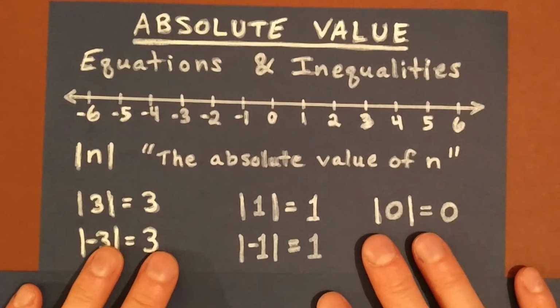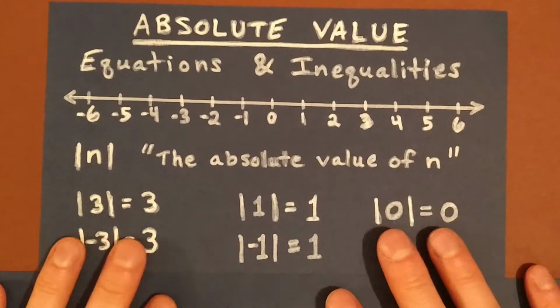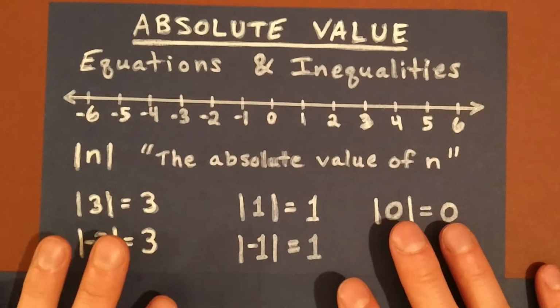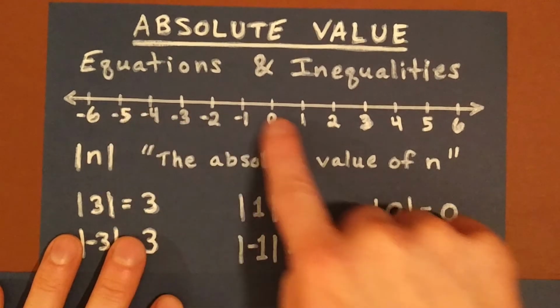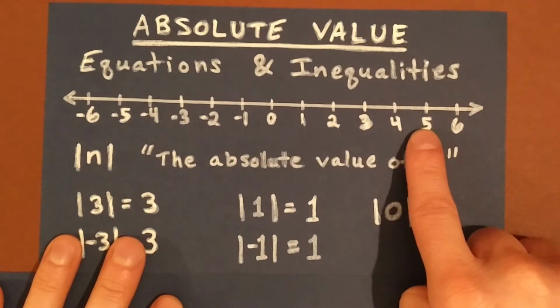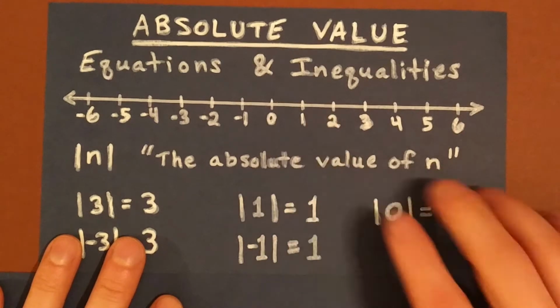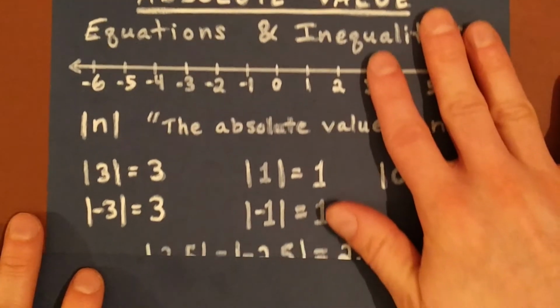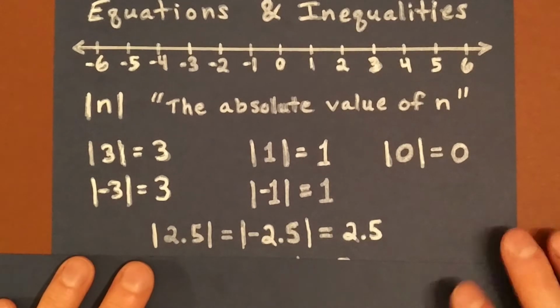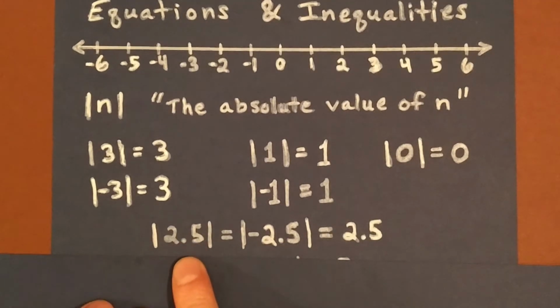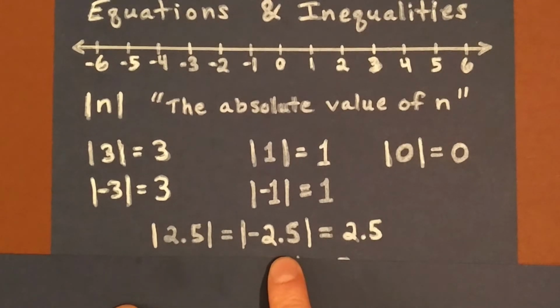But it's important to remember that we're not only talking about integers, we're also talking about any real number here. So all the numbers in between the integers as well. So we can take the absolute value of a decimal. The absolute value of 2.5 is 2.5, and the absolute value of negative 2.5 is also 2.5.